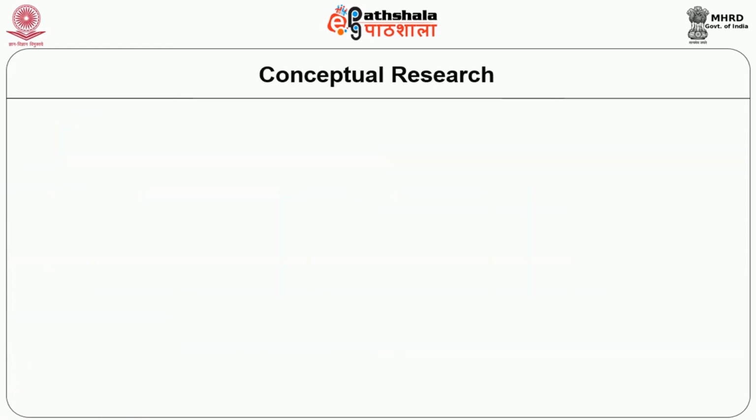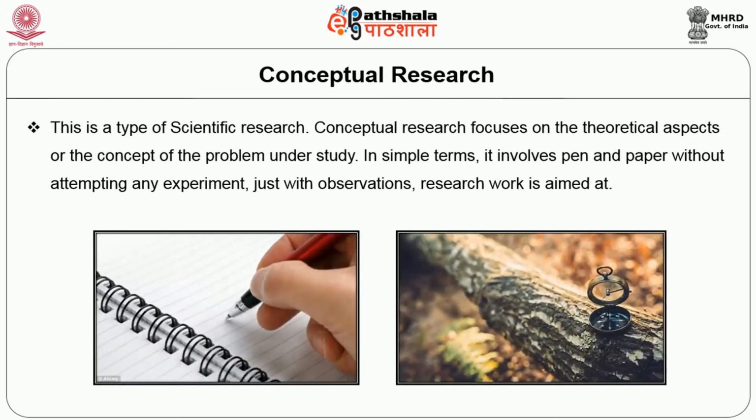Now, let us move on to the third type of research, conceptual research. This is a type of scientific research, the other being empirical research. Conceptual research focuses on the theoretical aspects or the concept of the problem under study. In simple terms, it involves pen and paper.